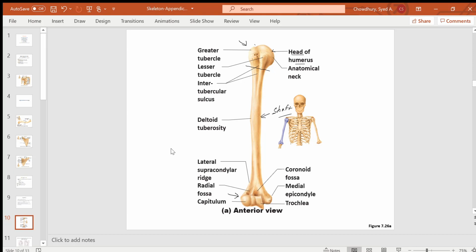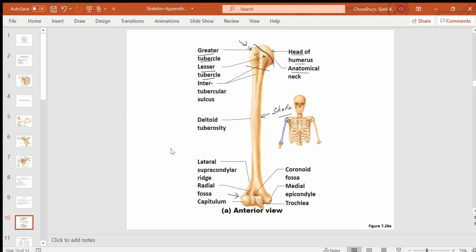Then around the head, this area is called the anatomical neck. It is pretty narrow area. Okay, anatomical neck. Then you have two tubercles, elevated structures. This one is bigger, that's why this is called the greater tubercle, and this one is smaller, this is called the lesser tubercle.